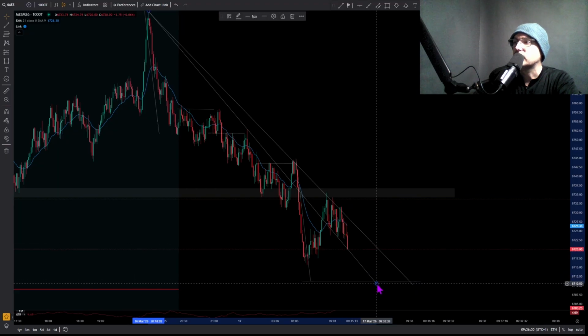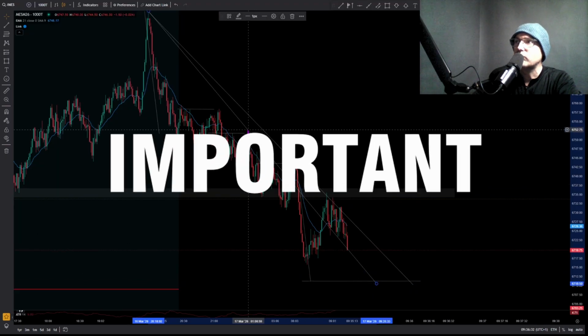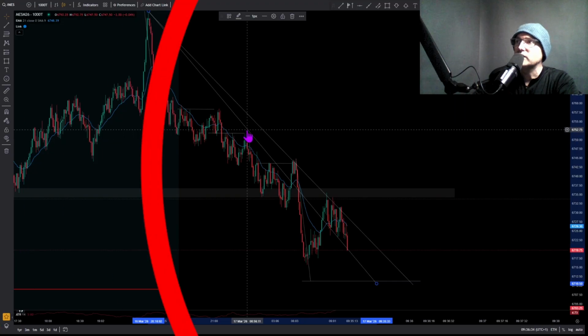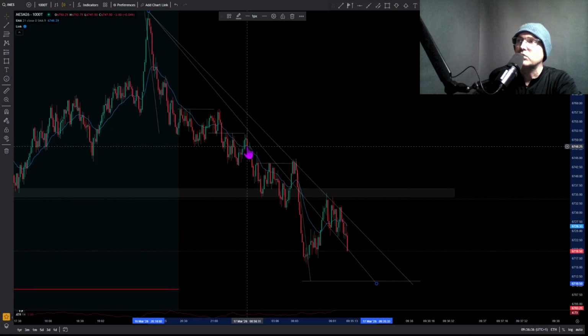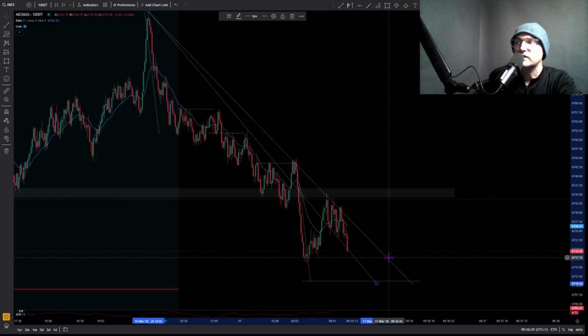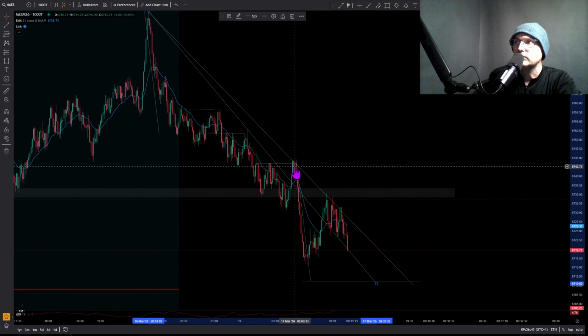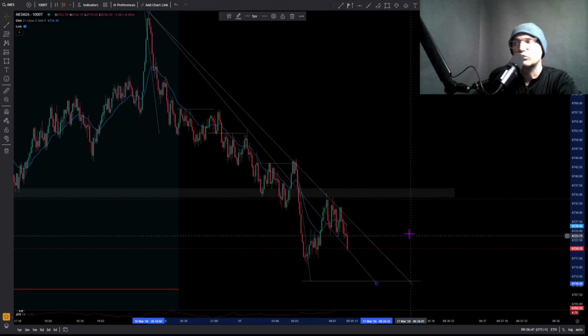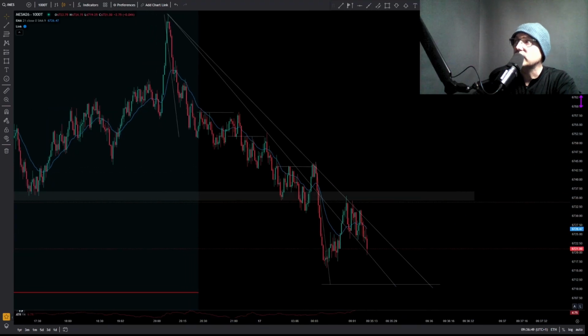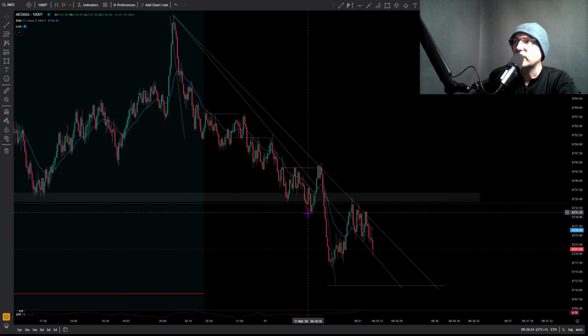As you see, I'm drawing this trend line through this point, the candle high, because it's a strong candle. And in this case, I'm drawing the trend line through the green candle close, which is this point here.